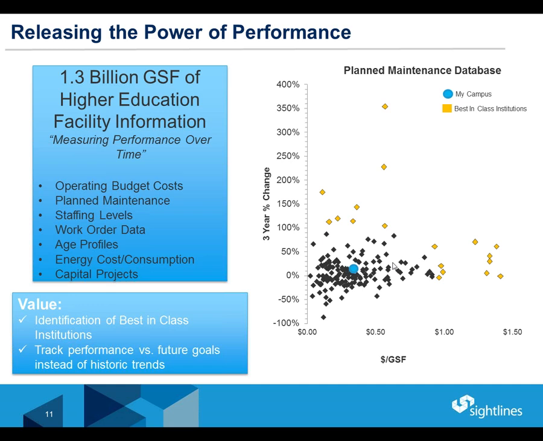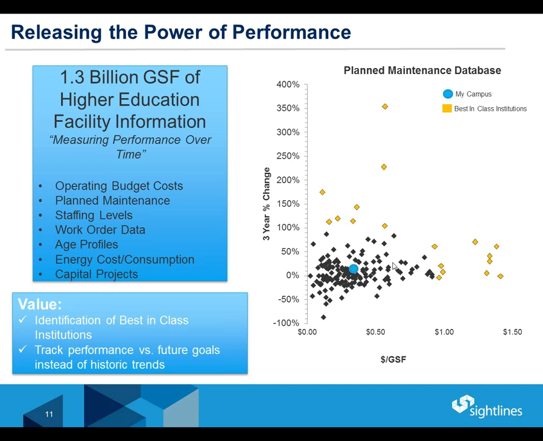And what we've been able to do is identify some dots that are what we call our best in class. These are campuses that actually look like you, but are performing at a much higher level. That is, they are either spending the same but improving rapidly, or they're spending more and improving rapidly over time.